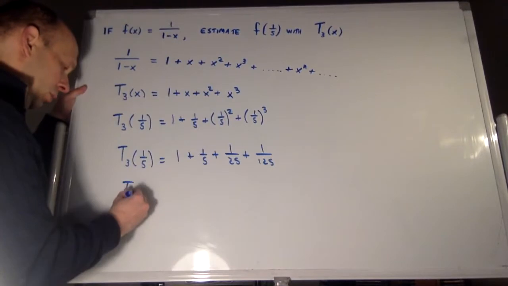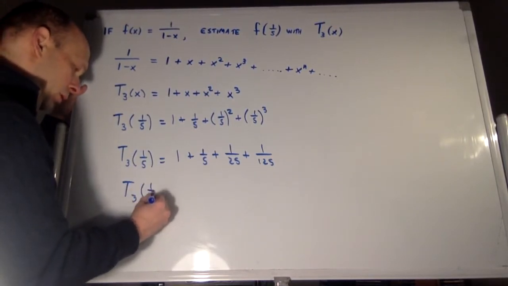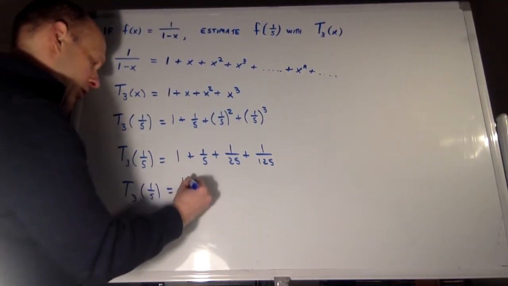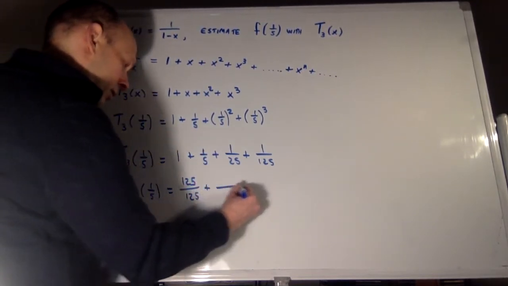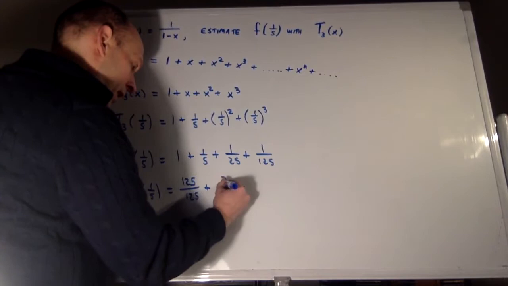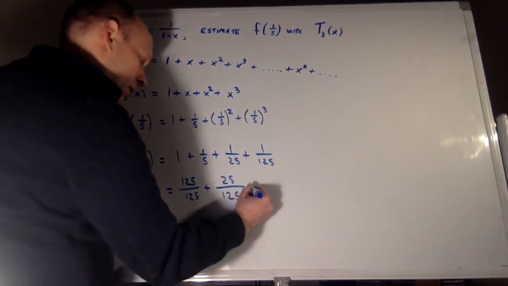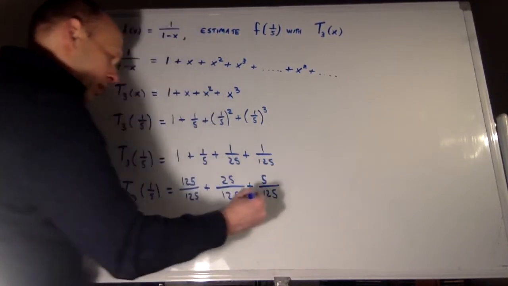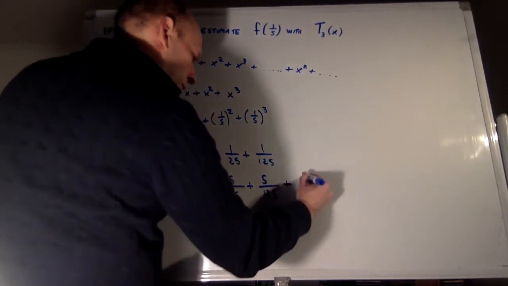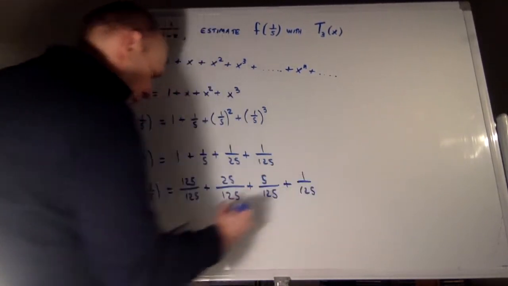Okay, now let's write them all with a common denominator, which of course is 125. So we have 125 over 125 plus 25 over 125. There's your 1/5. Plus 5 over 125. There's your 1/25. And then 1 over 125. All right, so what do we get here?